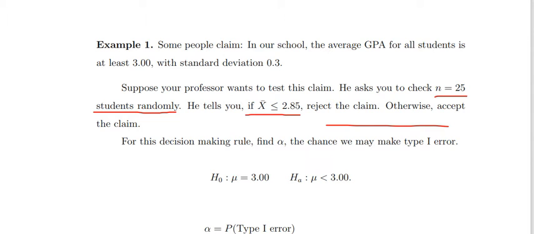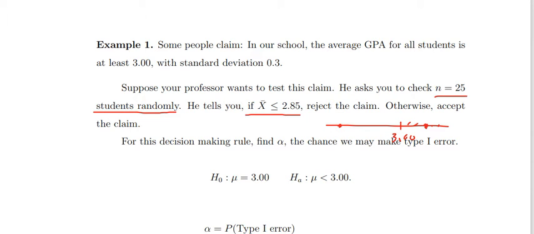The claim says the average GPA is at least 3.00. So if we take a sample and our sample mean is more than 3, we will accept. If the sample mean is quite a bit less, we will reject.